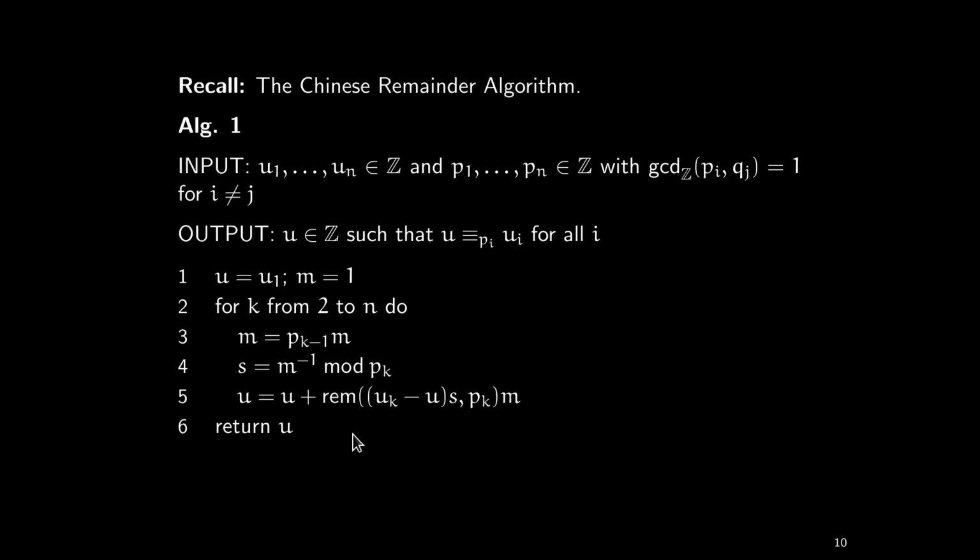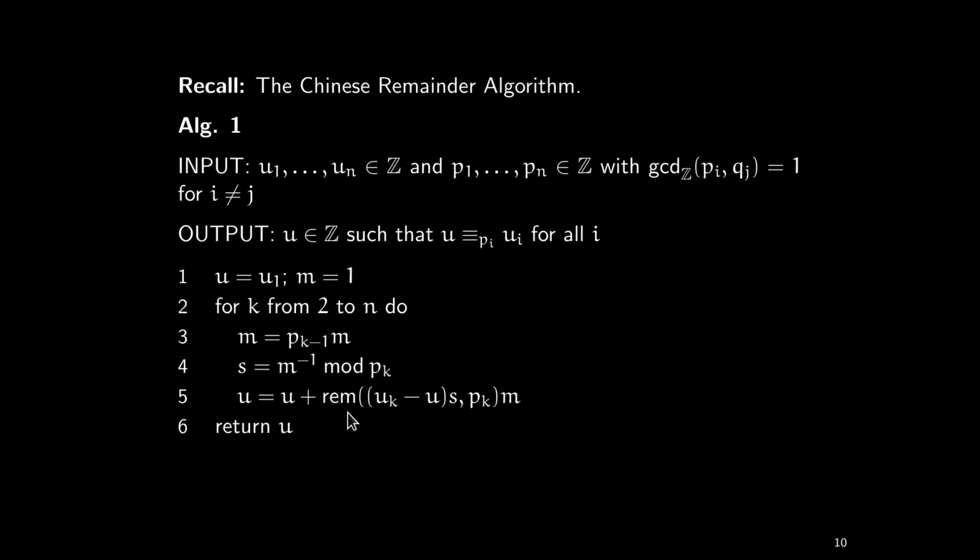Now we can check also here that this makes complete sense. So you prove the correctness of this by induction, and by induction the value of u before this assignment will be such that it matches all the values of u's, all the homomorphic images up to the k minus first, and this update should turn it into an integer that also matches the kth. So there are two things to check.